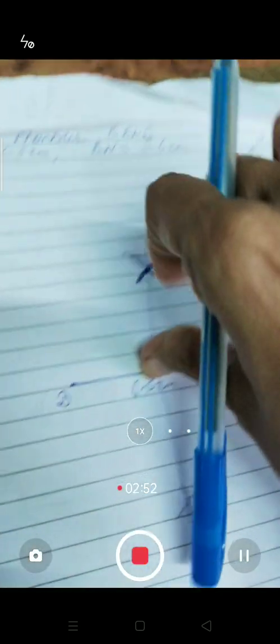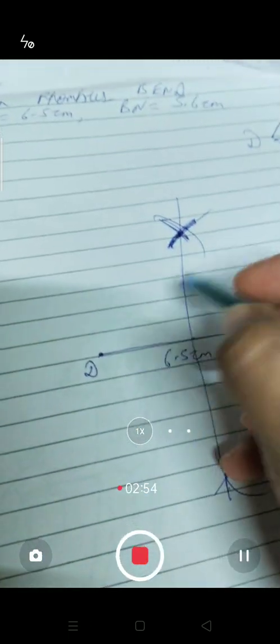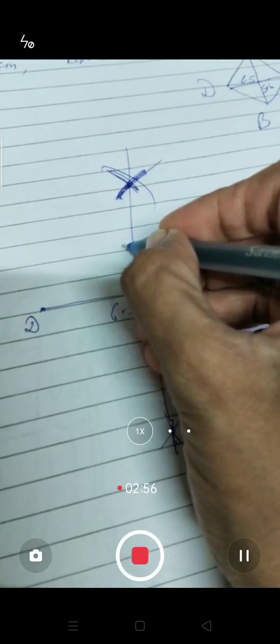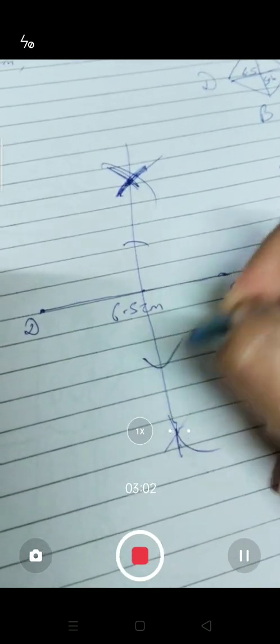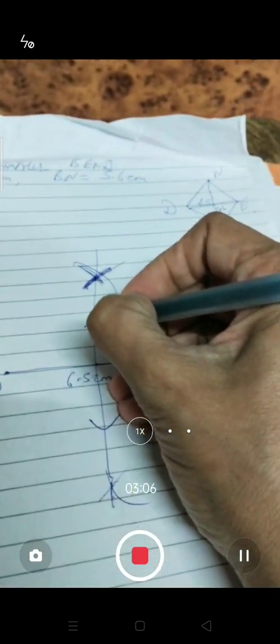That is 2.8 centimeter. Now with your scale and with your compass, you take 2.8, and from the center you mark an arc of 2.8. Same way from the center you mark an arc this way, and these points are known as, this is your N and this will be your B. Clear?